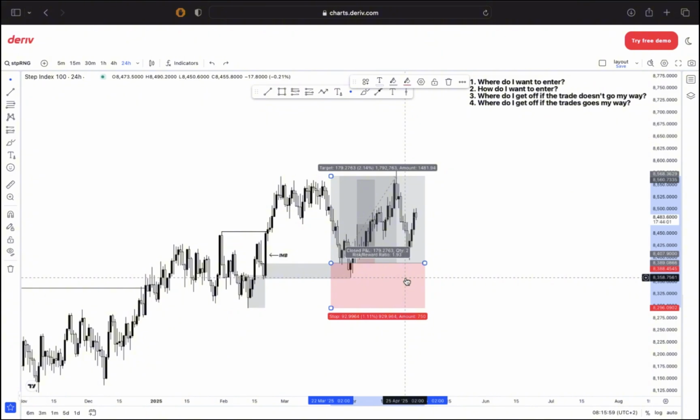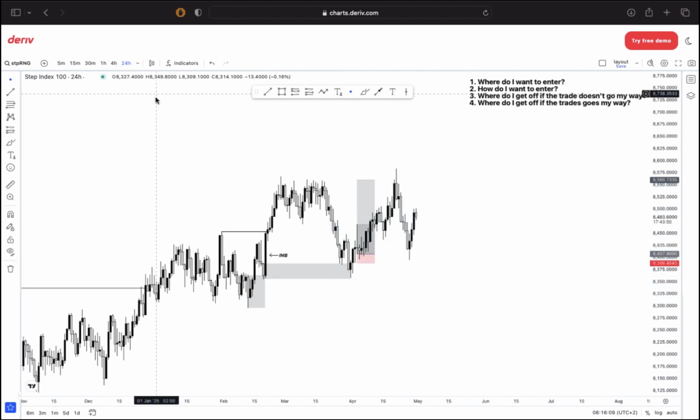So how can we go about working our way around it, in order to increase our risk to reward? Now, there come our lower time frames. So we need to utilize the lower time frames in order to try and minimize our stop loss range.